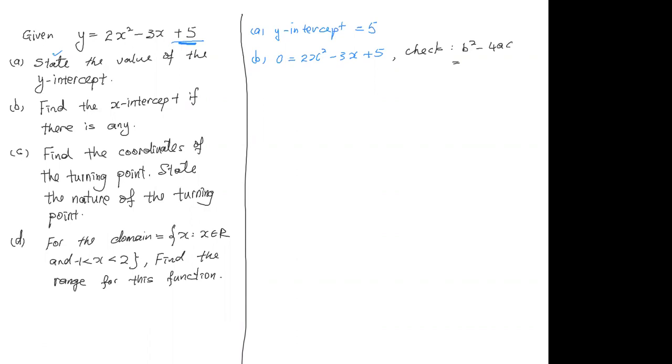So my b is -3 squared minus 4ac. So I got 9 minus 40. So it's less than 0. So I don't have to key into the calculator and so on already. Sometimes you just do this little step, it can straight away tell you a lot of things. So it's worth doing it.